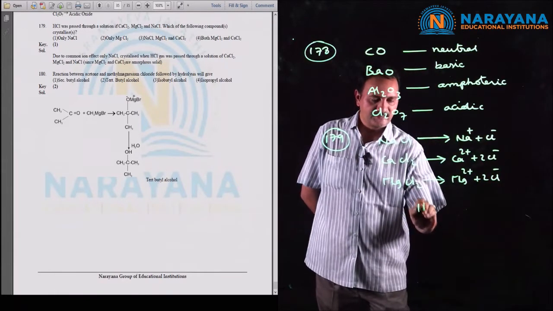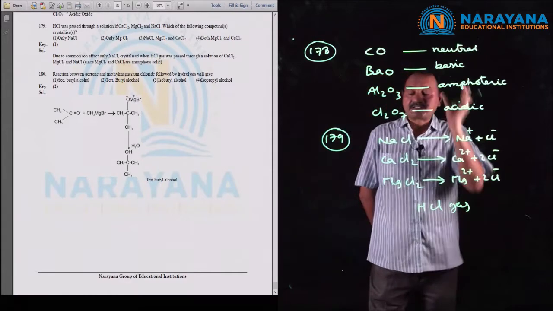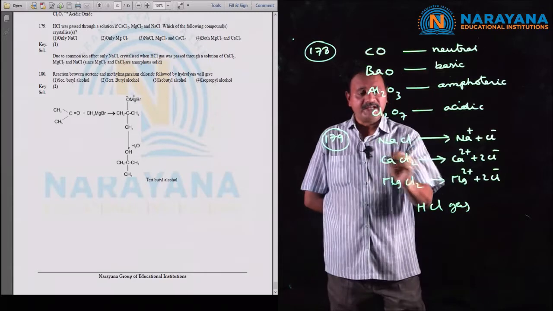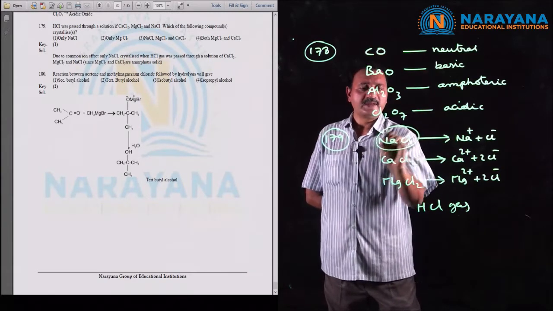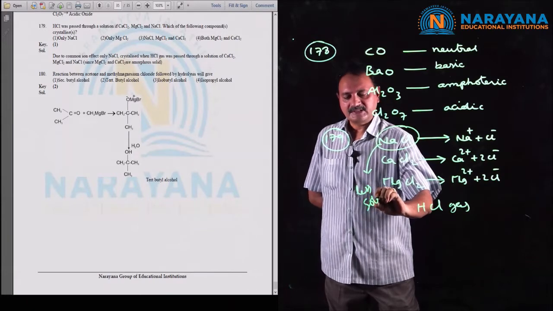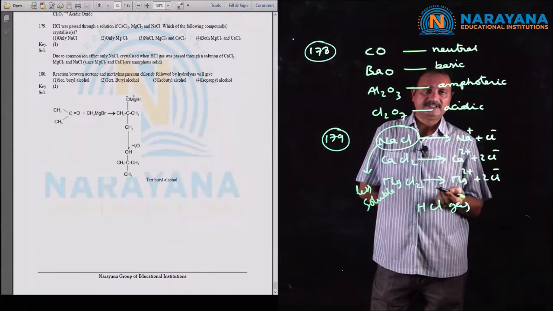Through this mixture, if HCl gas is passed, which one crystallizes first? This is the question. Out of these three chlorides, sodium chloride is less soluble in water. Less soluble in water means its solubility product is less.